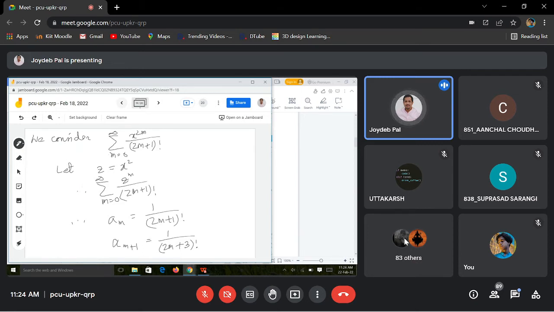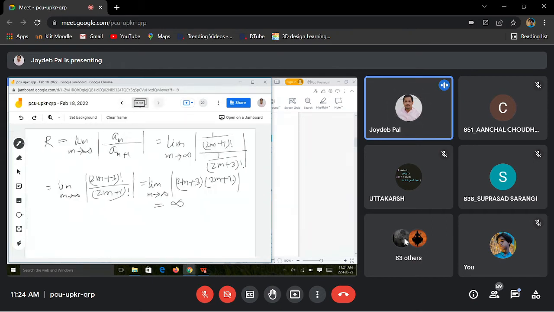In the previous cases we got a finite interval like minus 2 to 2, minus root 3 by 2 to plus root 3 by 2. We were getting a small interval, but we may get an infinite radius of convergence, and that means the series converges for all values of x because the interval of convergence is minus infinity to infinity.